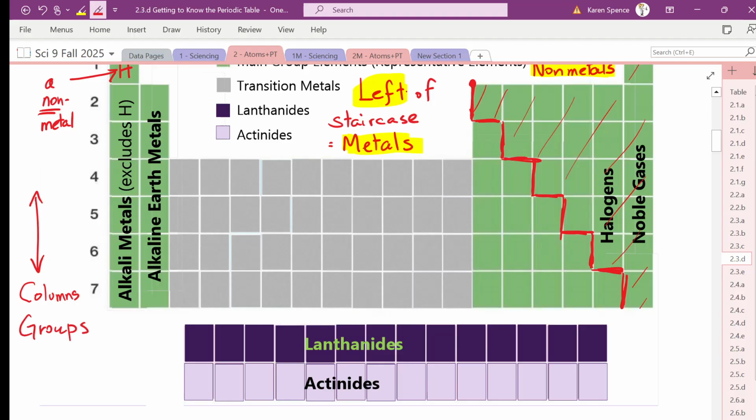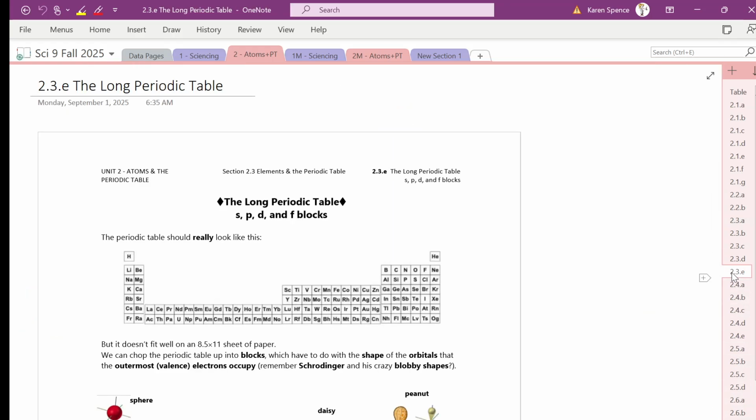Wait, are the lanthanides and actinides also part of these groups? They are actually, no, they are their own little groups, okay? And they actually, let me just find. That is 2.3E, page 76, 2.3E.